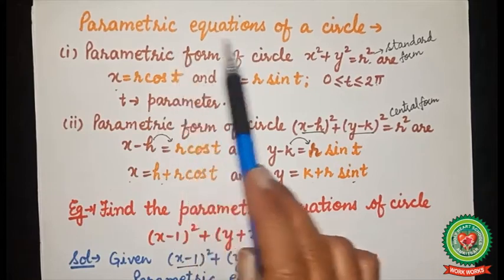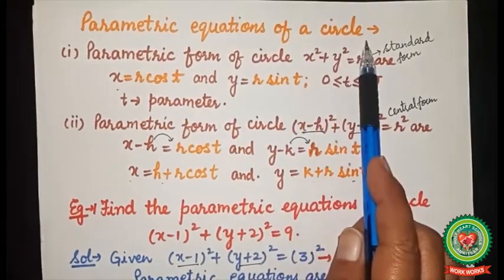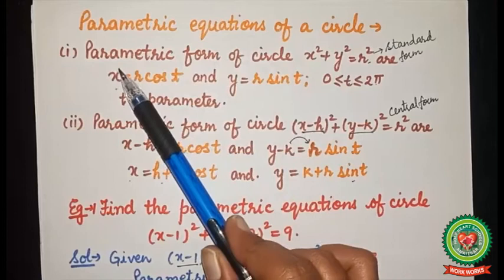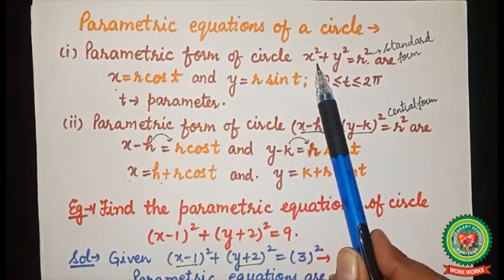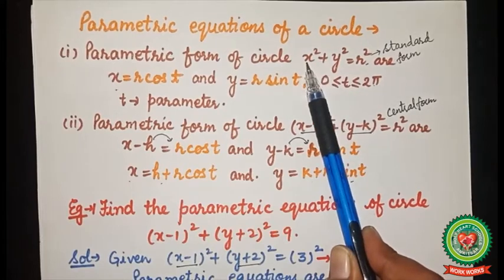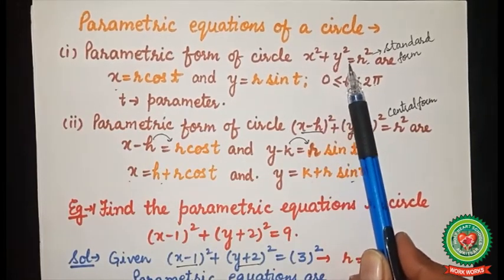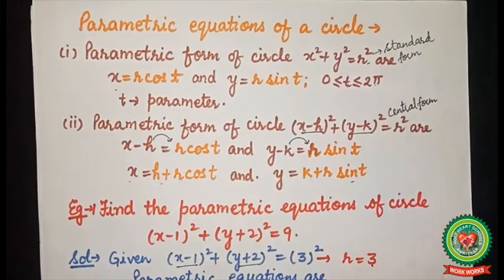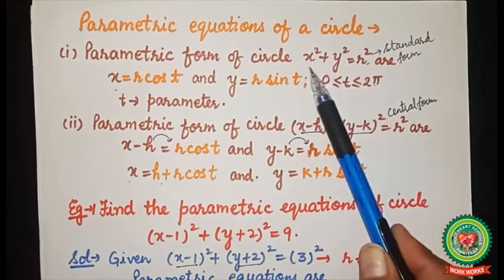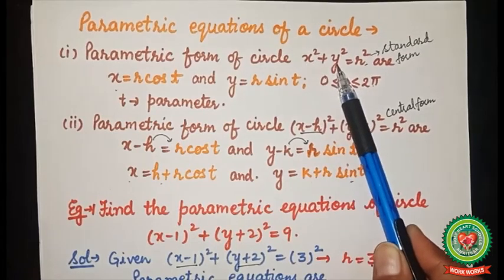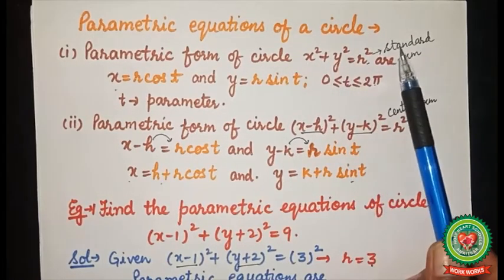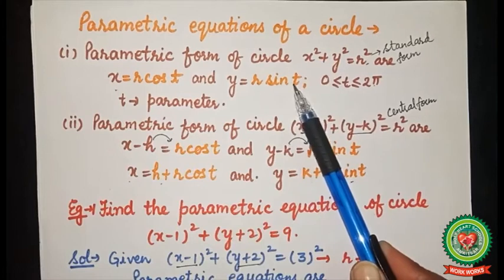First is the parametric equations of a circle. Firstly, we will write the parametric form of circle for the standard form, that is x square plus y square is equal to r square. For writing it in the parametric form, we will write down x and y variable in some other variable like t.